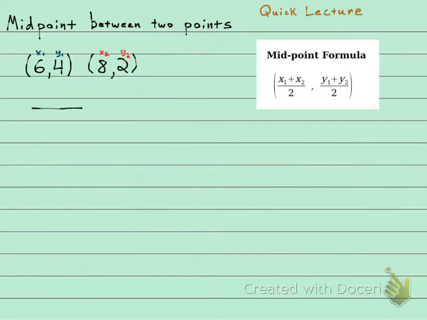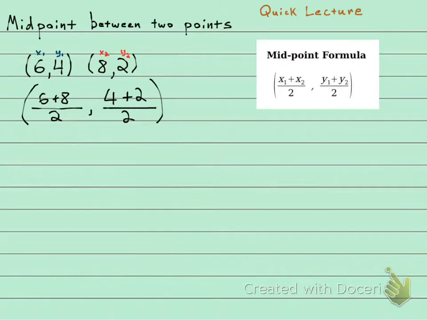So this is going to be 6 plus 8 over 2. That'll be my x value of the midpoint. And then I'll do my two y's. I'll add those up. 4 plus 2 over 2. Okay, and you're going to add them whether they're positive or negative. You're still going to add them.